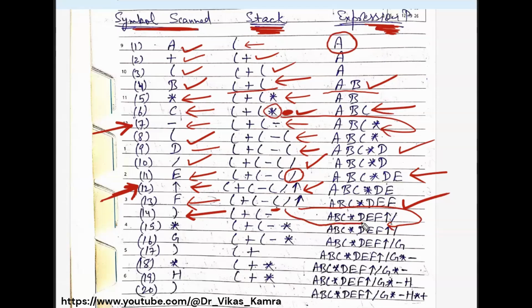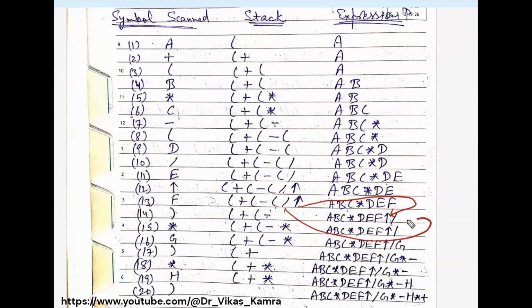Then first raised to power was there, then divide was there, because on top of stack there was raised to power. So first raised to power was removed, then divide was removed, and it is entered into the expression. Now this right bracket discarded this left bracket.